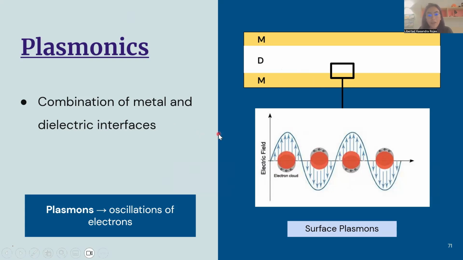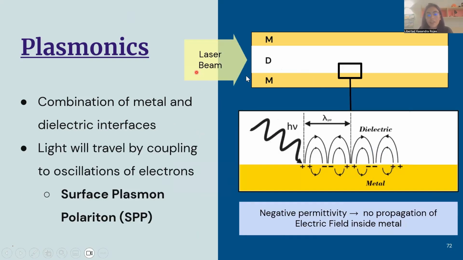Now, when we input a laser light through this, so we input an electromagnetic wave, what is going to happen is that light will travel by coupling to the oscillation of electrons, okay? This is going to couple to the electric field that you see generated here. Okay, so in this case, we have just one photon that's coming, and it's going to travel by coupling to our electric field oscillation here. Now, how is this actually being confined or maintained within our dielectric medium?